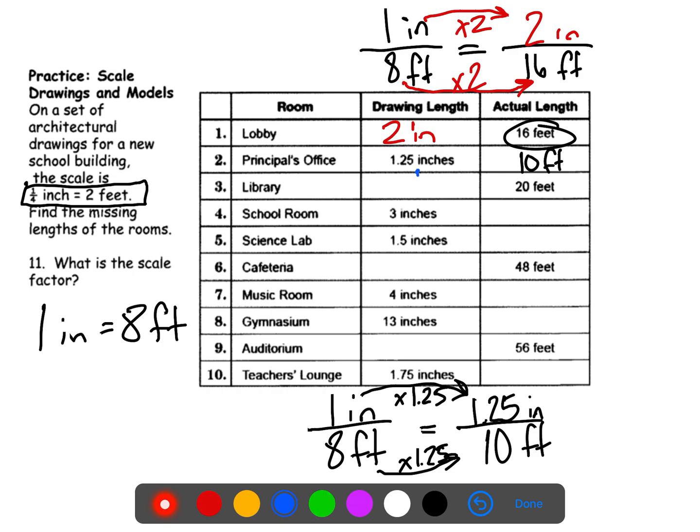If I take the number of inches that we were given, every one of those inches is 8 feet. So I'm multiplying by that scale factor, 8, to get the actual length. And if I were to go this direction, I'm getting smaller. I'm going from 16 feet down to 2 inches. So I am multiplying by the reciprocal to go the other way, or 1/8.